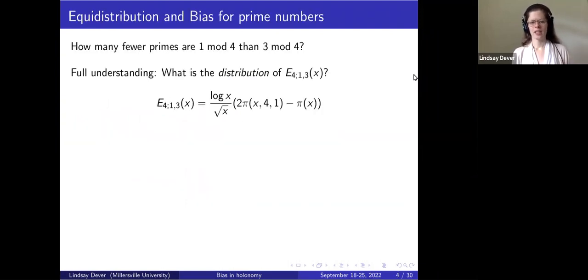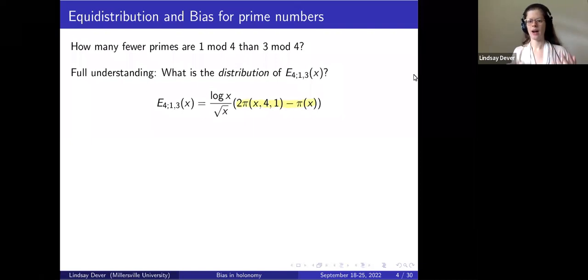Okay, so to take this another level, we can start to think about not only which category is winning, but we can also think about the distribution of how much either category is winning. And the way we quantify that is this difference.